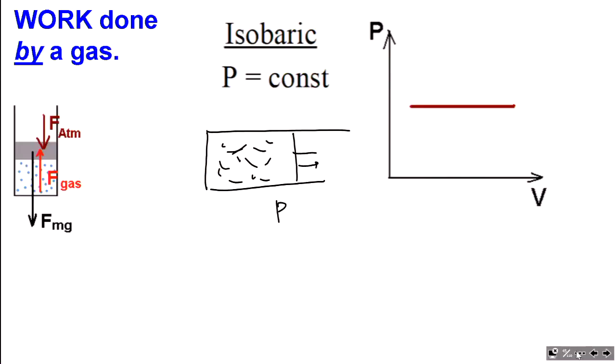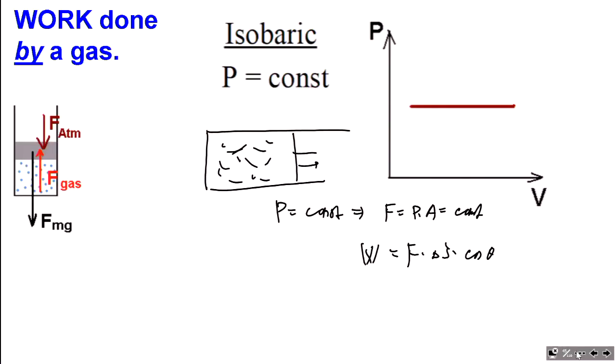If pressure remains constant, hence the force, which is equal to pressure times area, also remains constant. What's good about that? We know how to calculate work done by a constant force. The work done by a constant force is equal to the magnitude of the force times displacement, times cosine of the angle between the force and displacement.